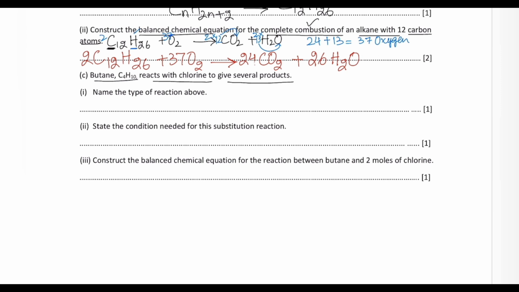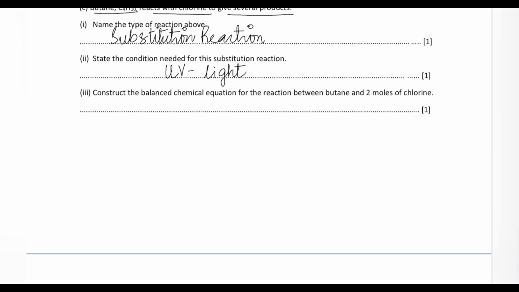So, this is an example of a substitution reaction. Next part is, state the condition needed for this substitution reaction. UV light. Ultraviolet light is required for the substitution reaction to take place as it is a photochemical reaction.